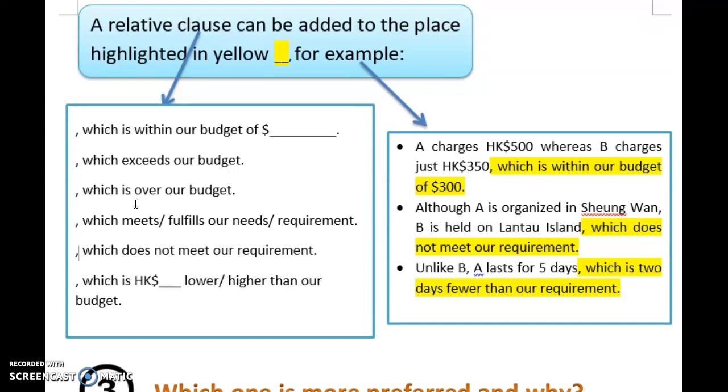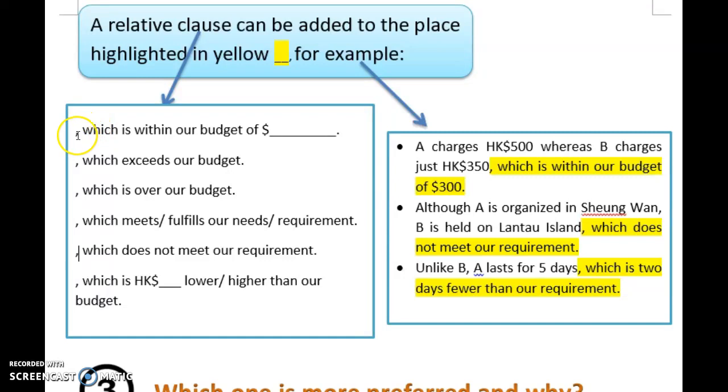So which is wrong. You have to say which is over the budget, which meets, which fulfills our needs, our requirement, which does not meet our needs, which does not meet our requirement, which is $200 lower than our budget. So these are the relative clauses.